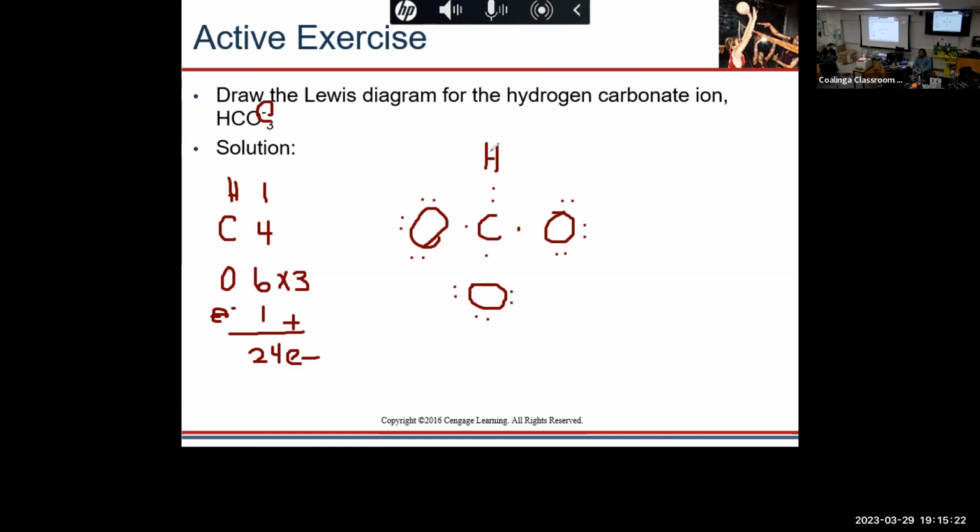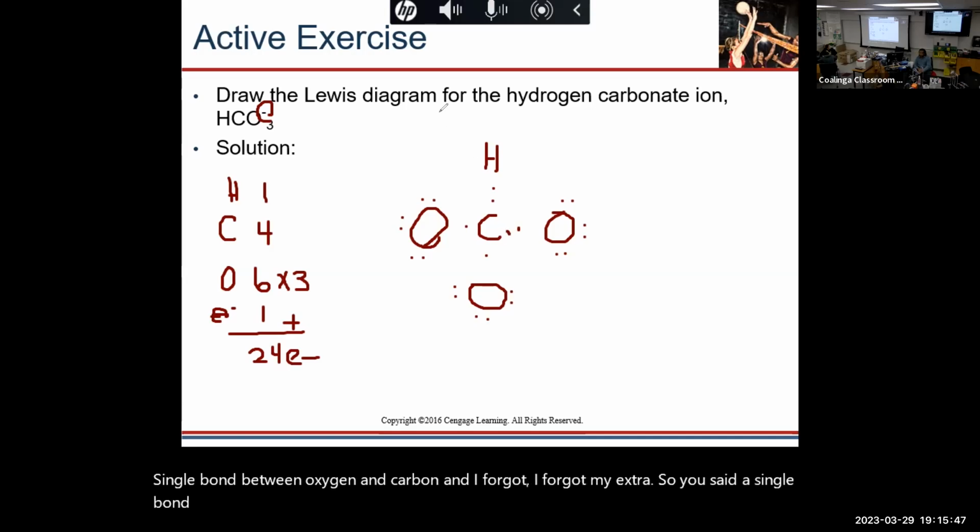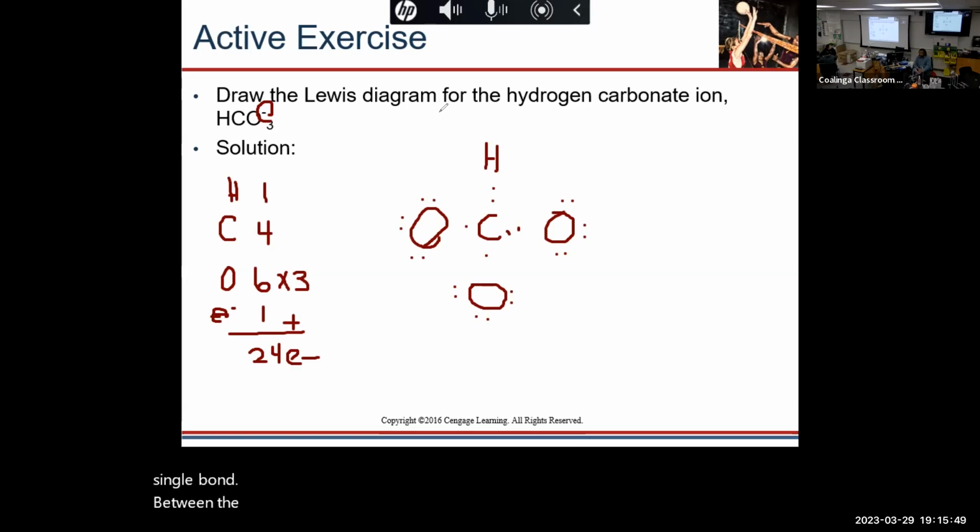Okay, is there any way that we can make this work? A bond between each oxygen and carbon. I forgot the hydrogen. So you said a single bond between the oxygens and the carbon.